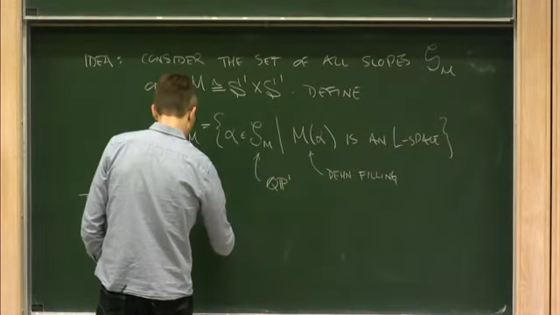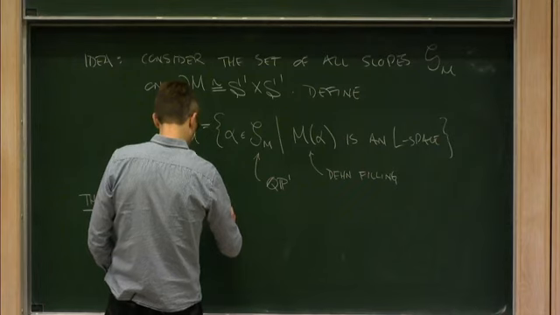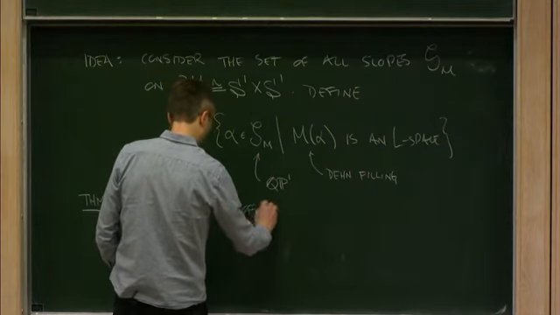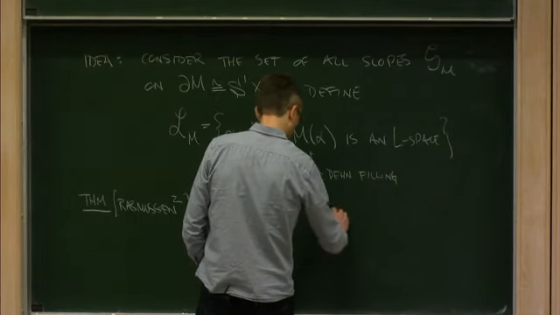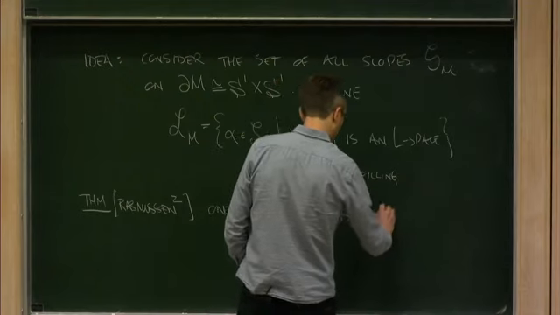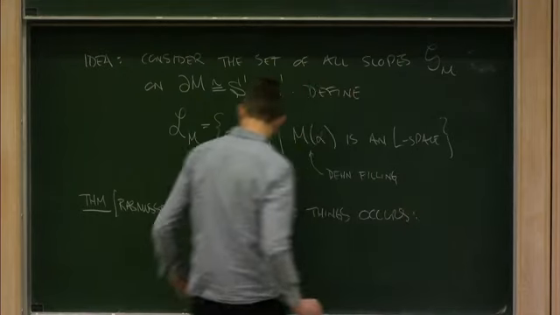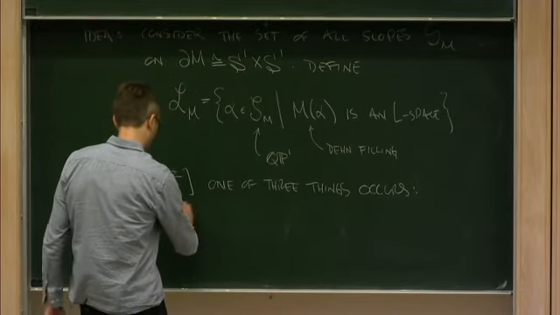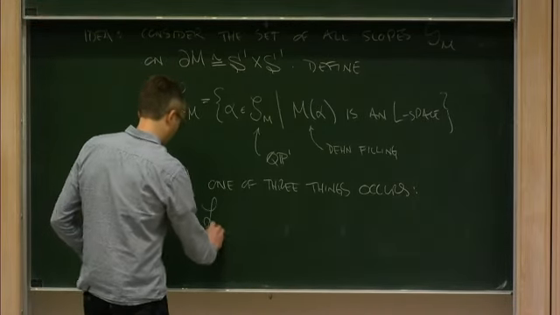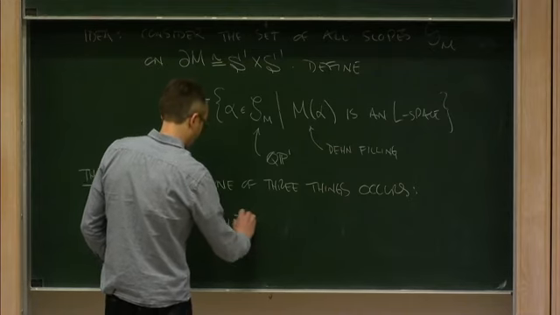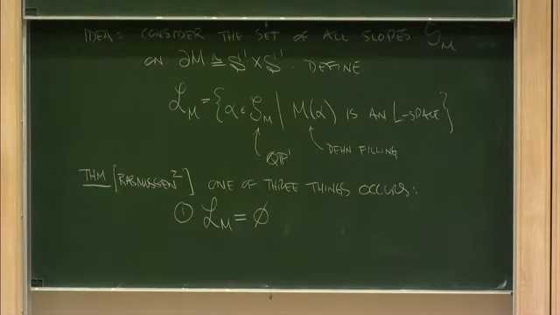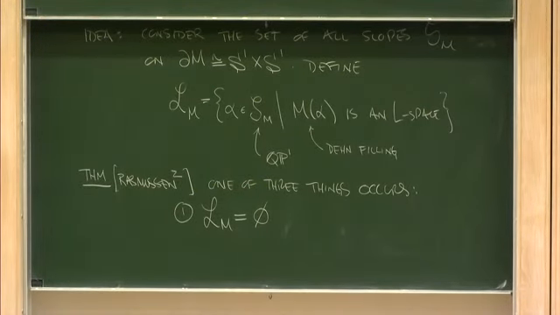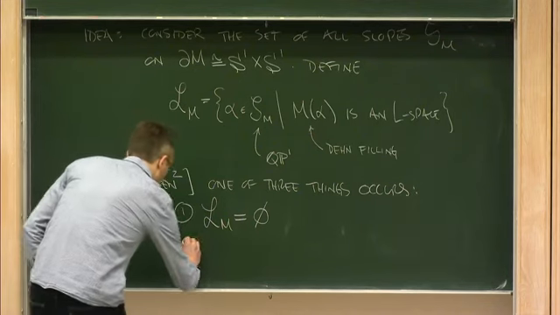Either L_M is just empty. If you think that L-spaces are rare, this is what you would expect: no matter what slope I choose, I'm not going to get an L-space.